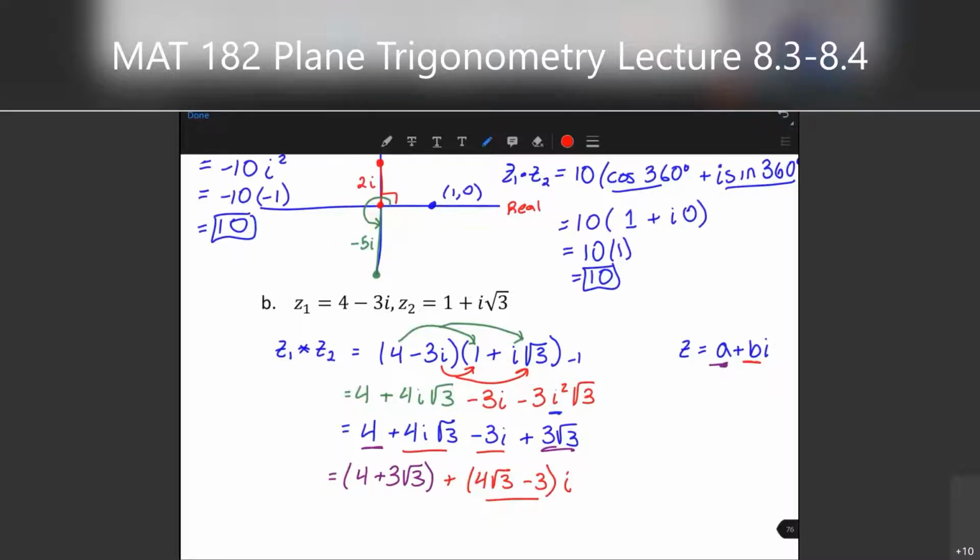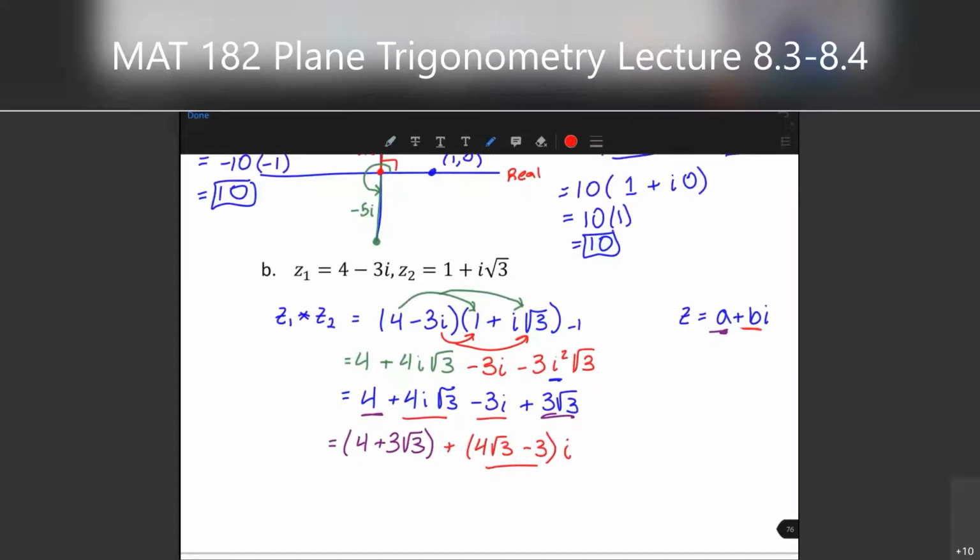So again, this is working with the complex number in the form of A plus B I. Any questions with the product property before we take a look at some division?